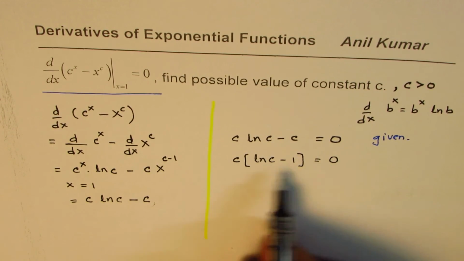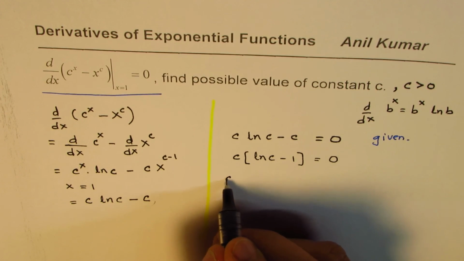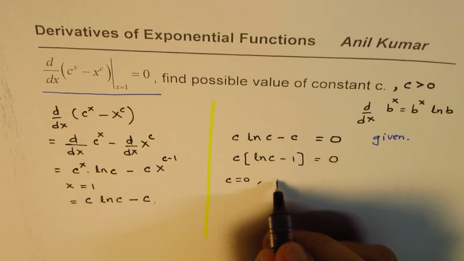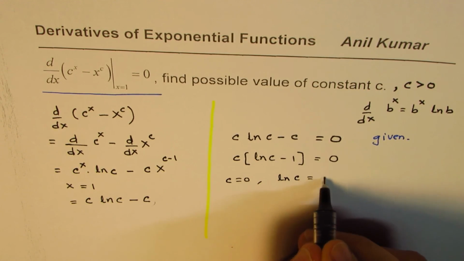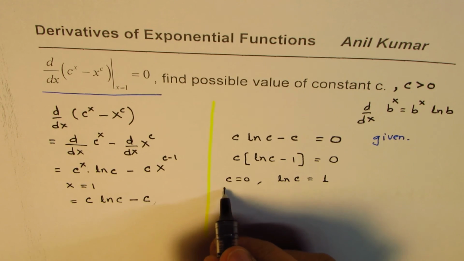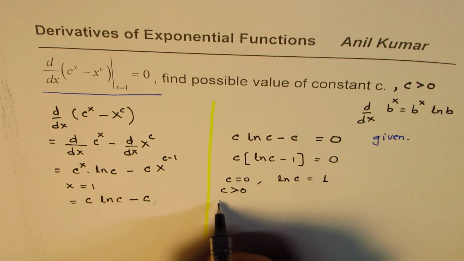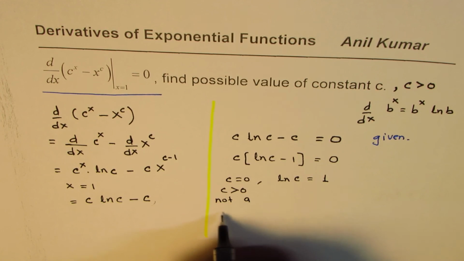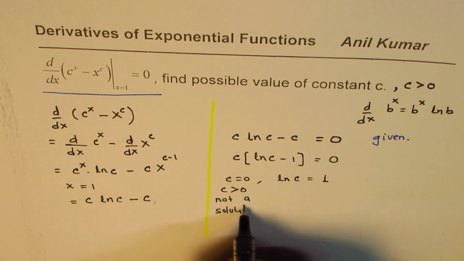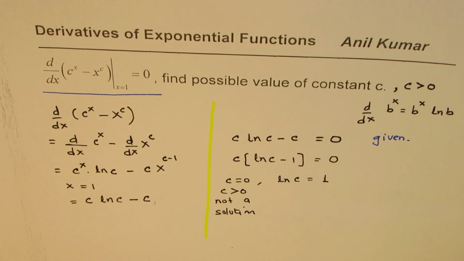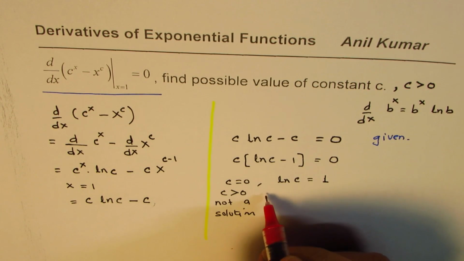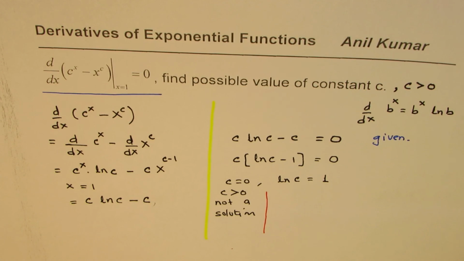Now in this equation there are two possibilities. One, that c equals 0. The other one is ln c equals 1. Now c we know is greater than 0, so that is not a solution. Correct? The other one, which is ln c equals 1, provides us with a solution.